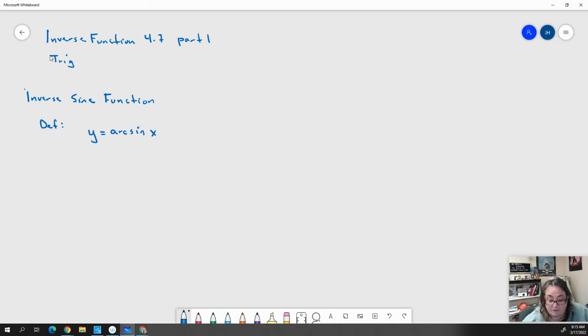We often write it also like y equals sine to the -1 of x. Both mean the same thing. Either way you write it, it just means the inverse sine of x.